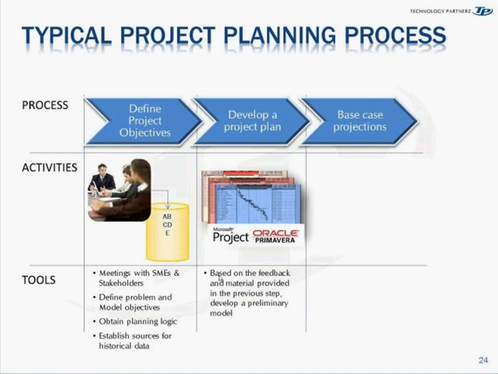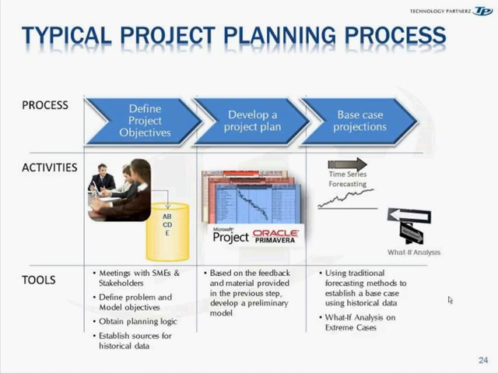Then based on that, they'll have a model, and hopefully they'll go and validate those assumptions with the subject matter experts that they consulted in the first place. And then they're going to take this and project it over time using a Gantt chart or do some what-if analysis. And that's usually where it ends.